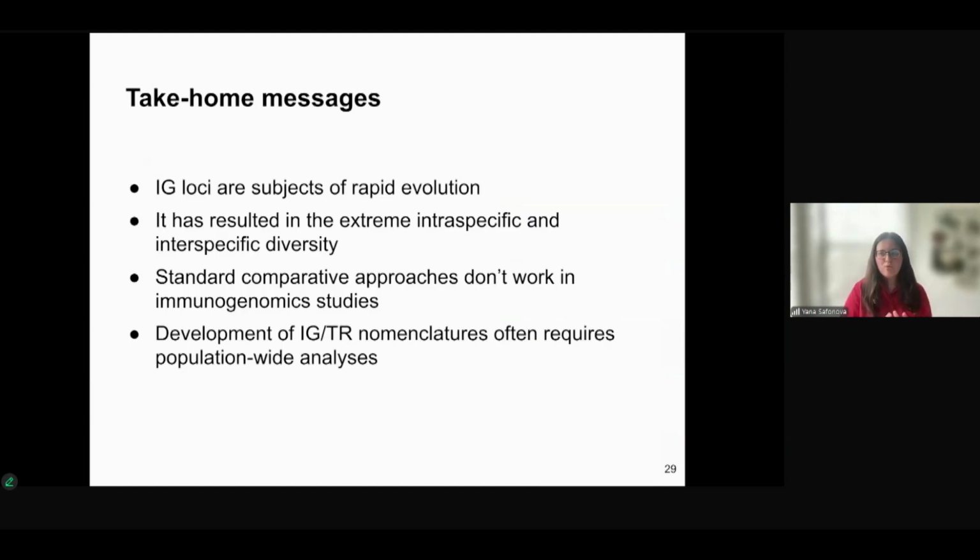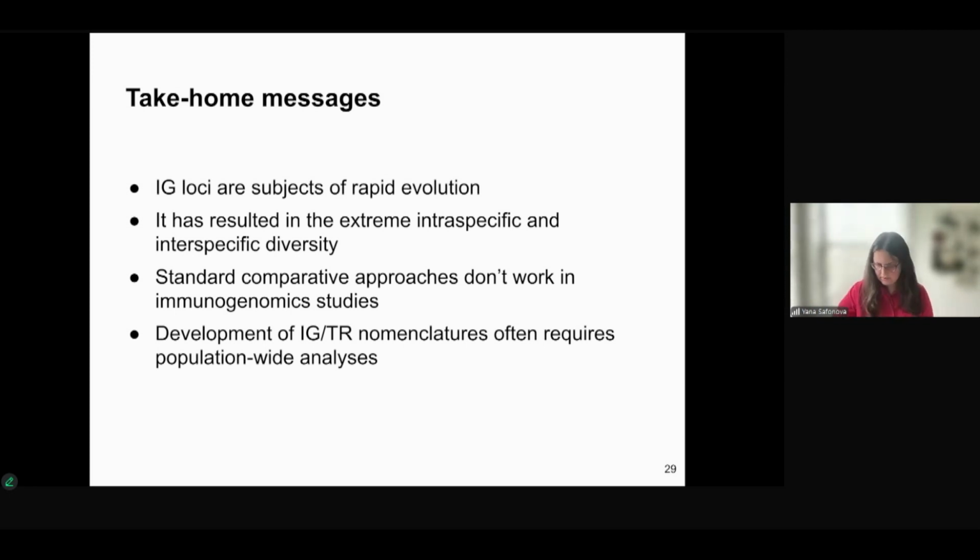If we know more about Ig loci of different species, we will start seeing more common mechanisms of Ig gene diversification, the way genetic mechanisms create and diversify them. And we need to keep in mind that these loci are subject to rapid evolution and that results in extreme diversity, and we might need to come up with new approaches for comparative studies, but also to represent these genes in databases.